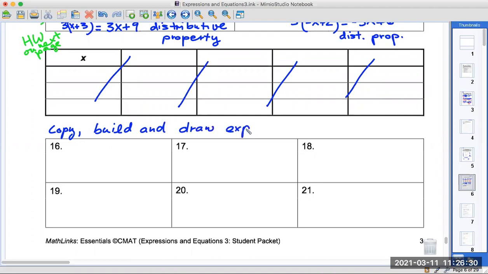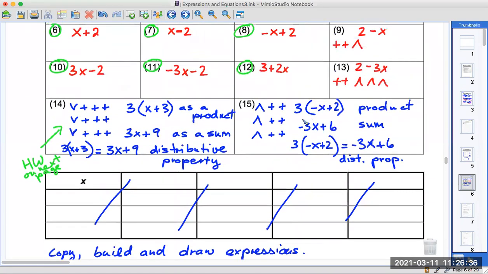expressions. Again, I want to reiterate something. You might be confused about this expressions versus equations. This right here, what I'm circling is an expression. Do you see it? There's no equal sign. There's nothing. It's just an expression. This right here, what I'm circling is actually an equation. Okay, this means you have a left side, you have an equal, and on the right side, it's the same value. Both sides have this as your value.